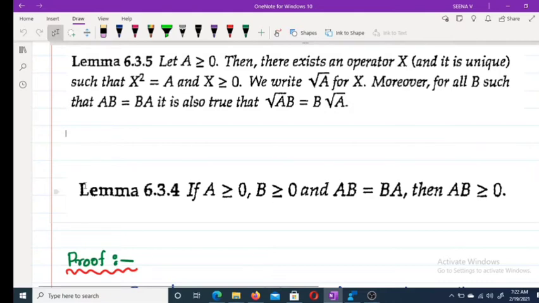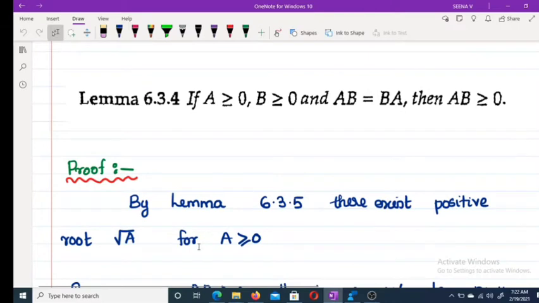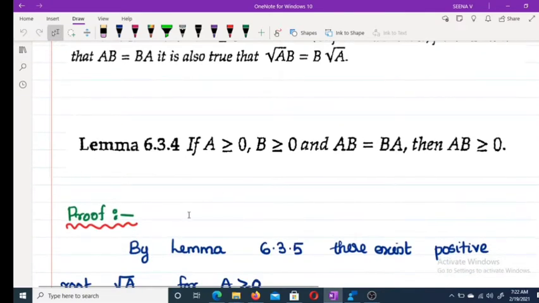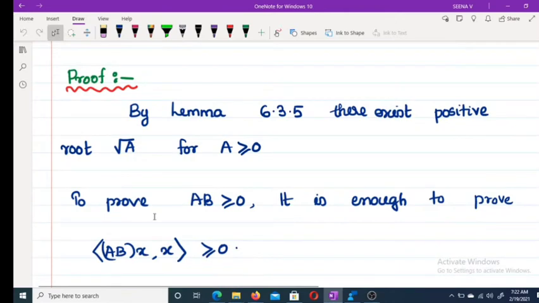Now moving to the proof. By lemma 6.3.5, you must write this lemma. By this lemma, there exists a positive root a for a greater than or equal to 0. Now to prove ab greater than or equal to 0, what do we have to prove?